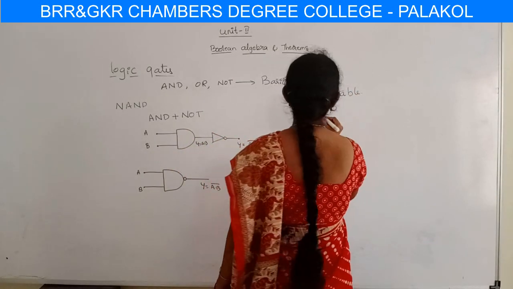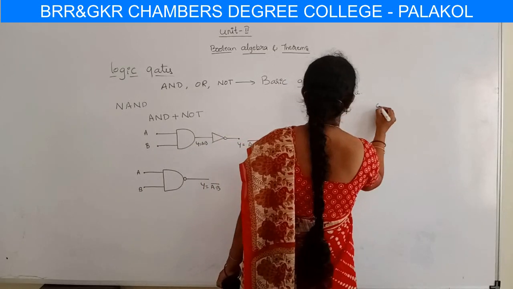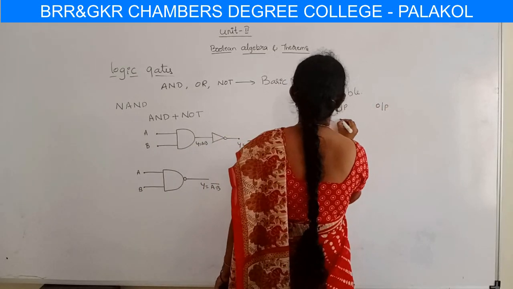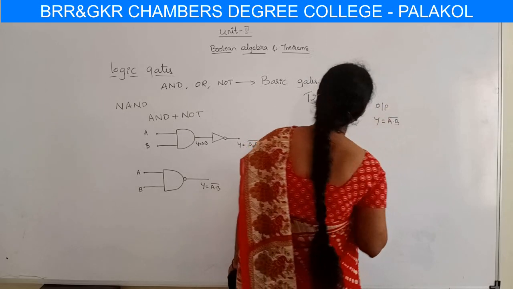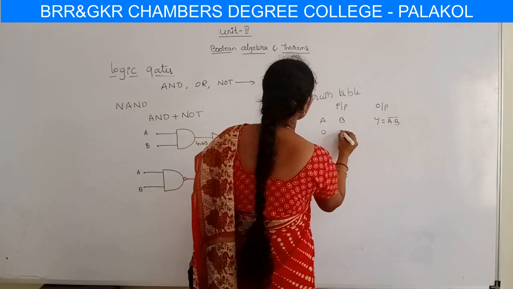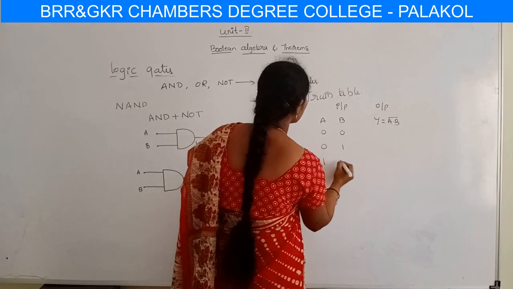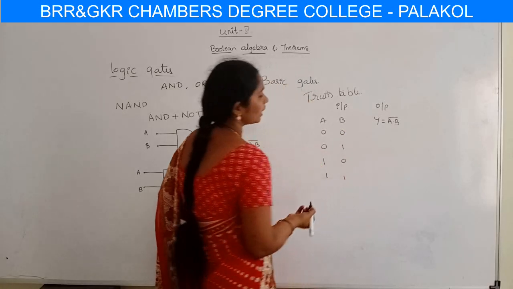I consider two inputs A, B, and output Y equal to A dot B whole bar. The inputs are 0 0, 0 1, 1 0 and 1 1.